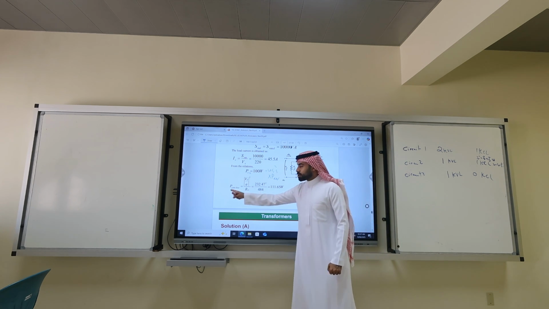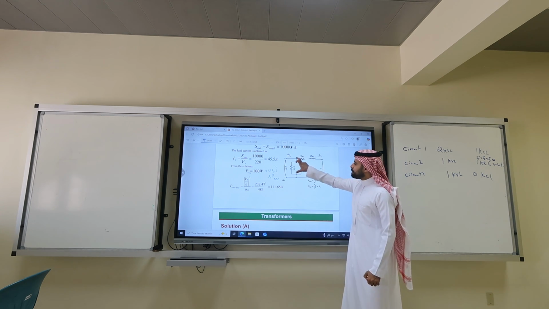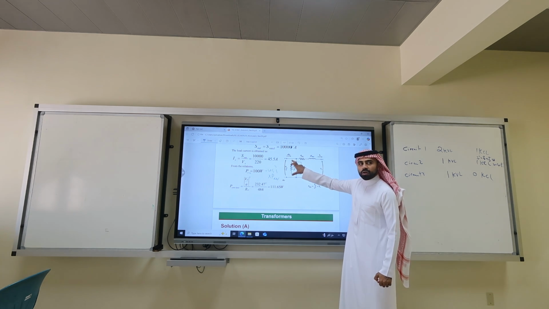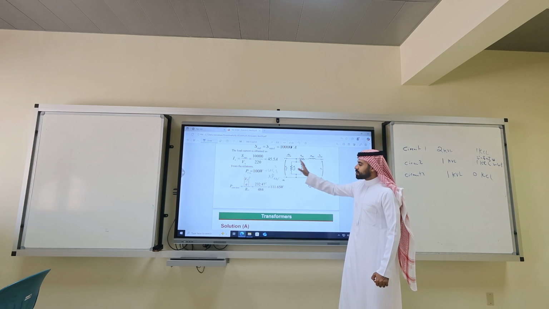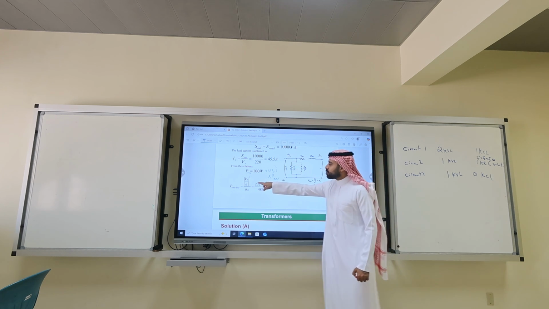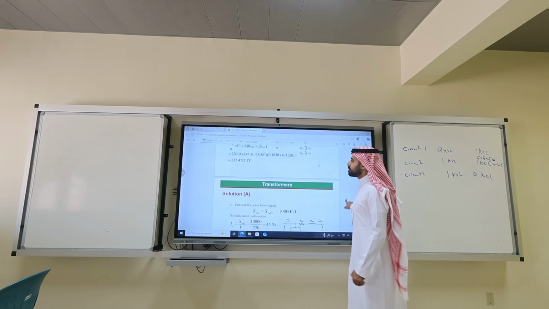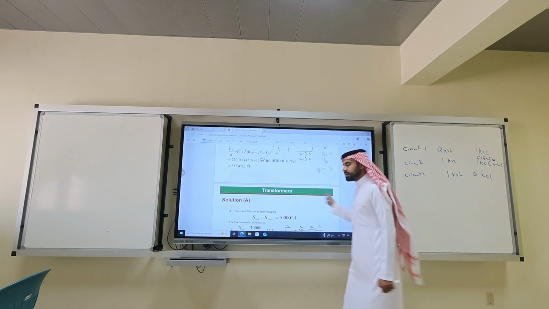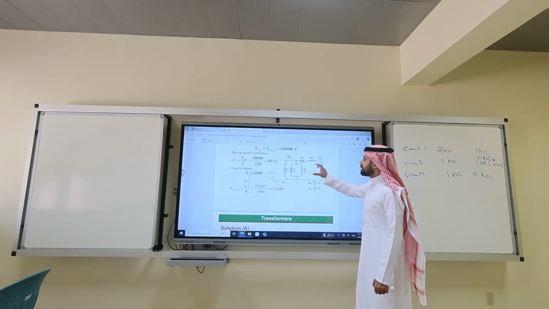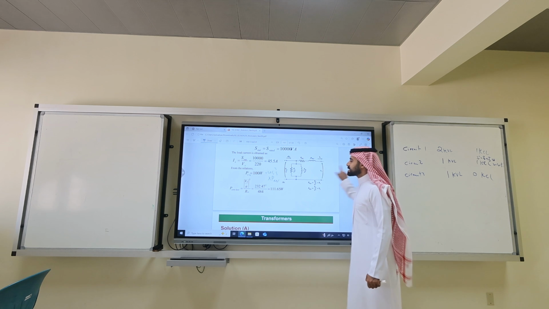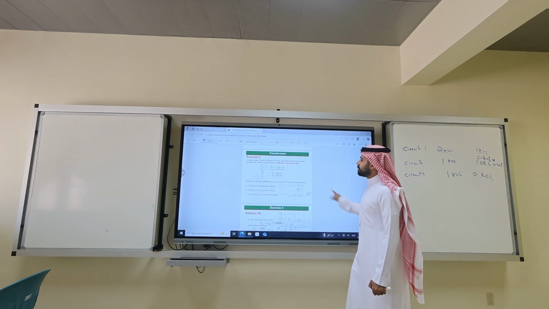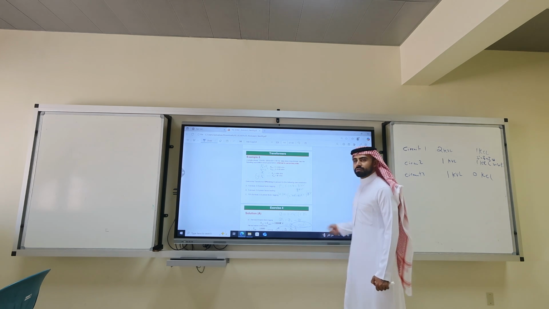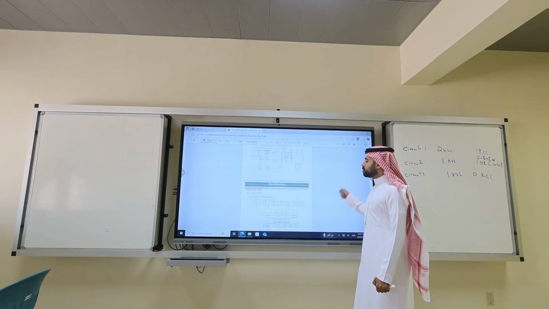For core losses, we get the VP over A, which we can call ES or EP prime, because we're using circuit 2. 232.47 squared divided by the 484 RCS, which we call RC prime, 484. Then you do the efficiency.